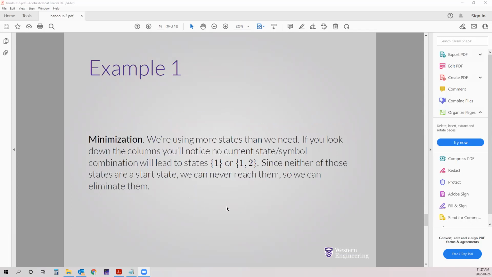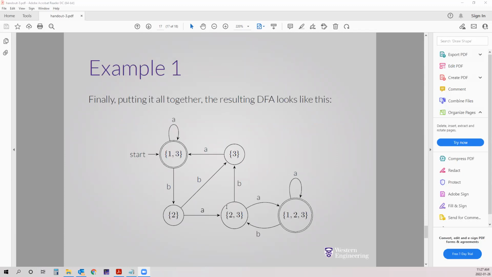Then we'll use the minimization procedure so we can eliminate unused states. If we put it together, we'll have a DFA that looks like this.